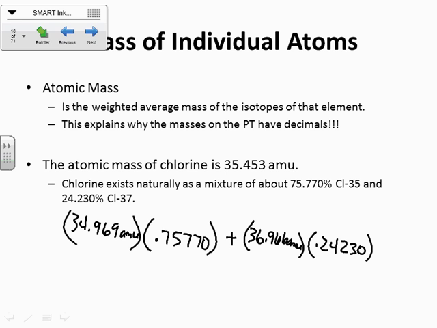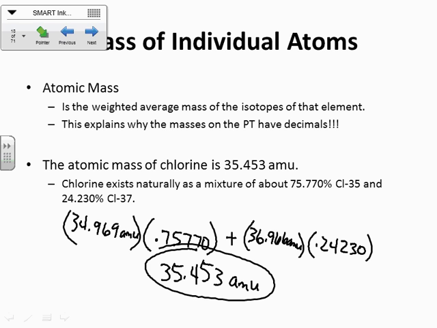That's better. We've got 5 sig figs in each of these numbers, so when we round to 5 sig figs, it gives us 35.453 AMU. That's how those numbers on the periodic table get calculated.